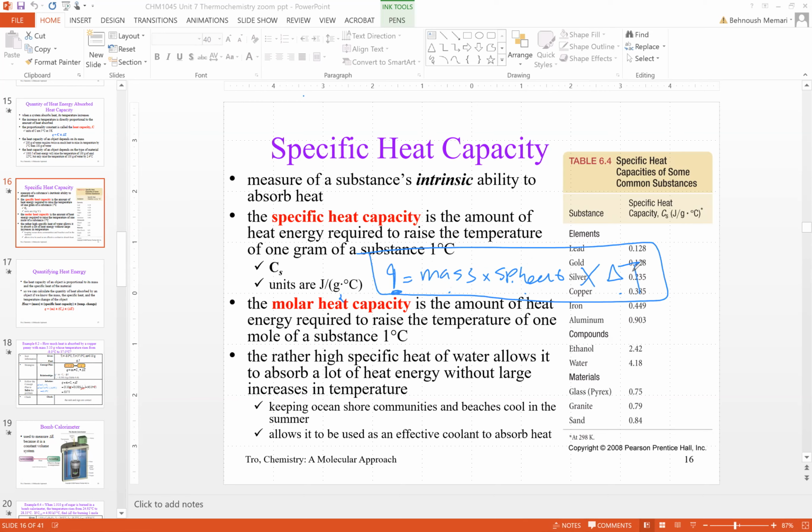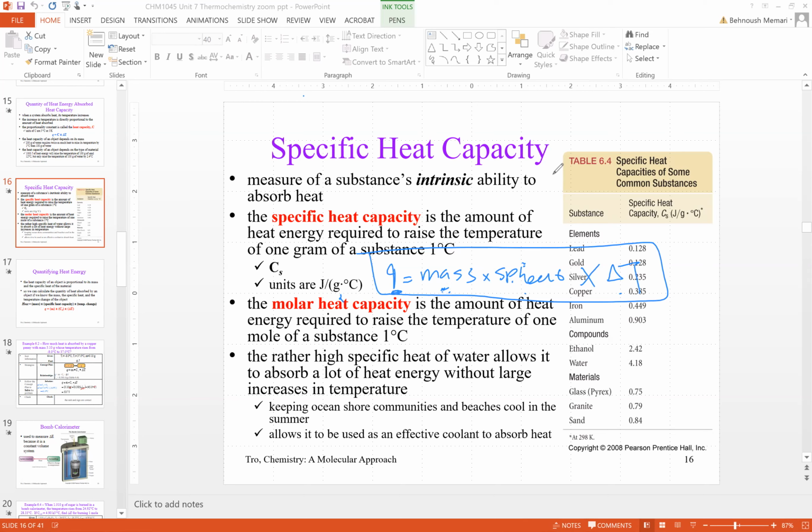So C times change in temperature is used when we are not dealing with the mass and specific heat separately. But when we are dealing with a specific heat, then you have to include the mass, because the heat capacity is for the whole system, per degree Celsius.